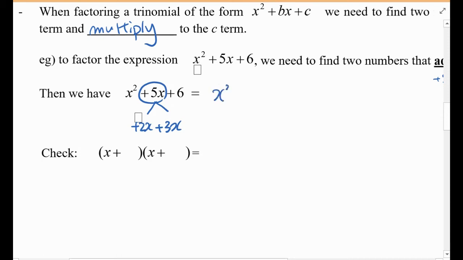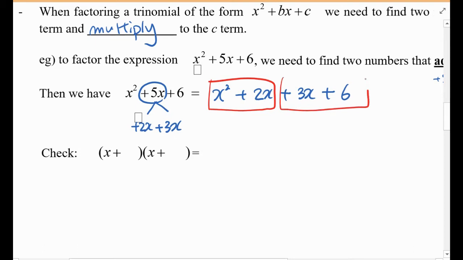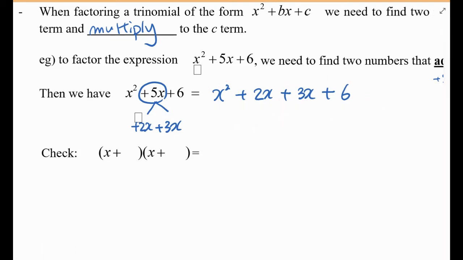So x squared plus 2x plus 3x plus 6. And we're going to group those two up and group those two up. Okay? And after that, we're going to use GCF. We're going to factor out the GCF.